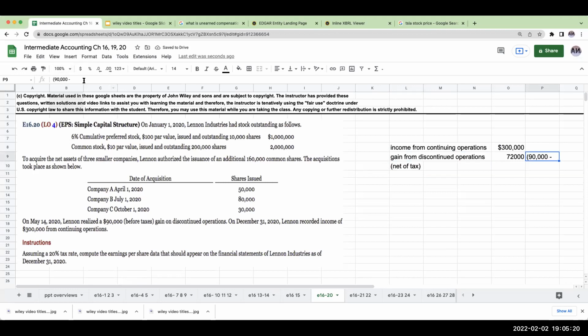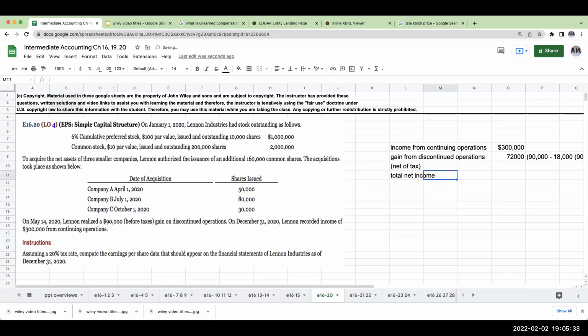So right over here, we're going to have 90,000 minus 18,000, which is 90,000 times 20%. Okay, so our total net income is going to be 372,000.